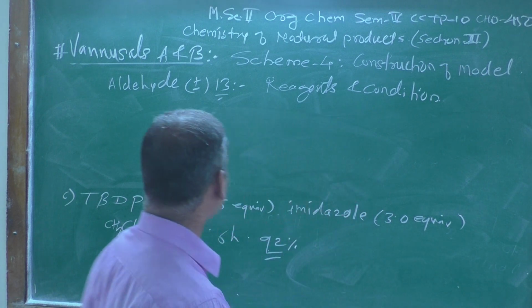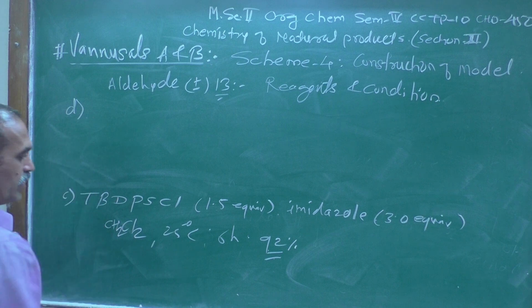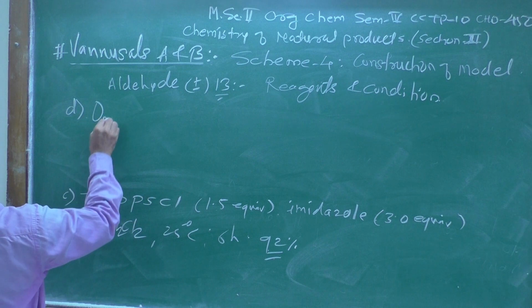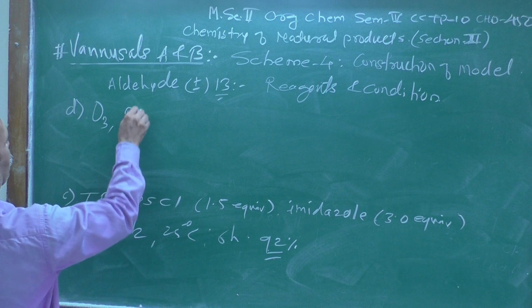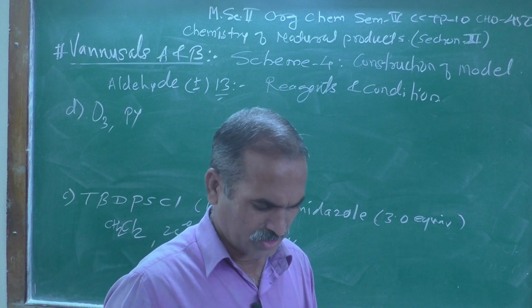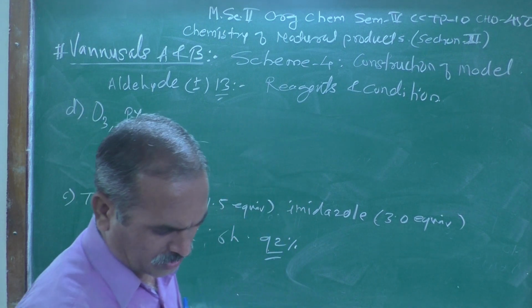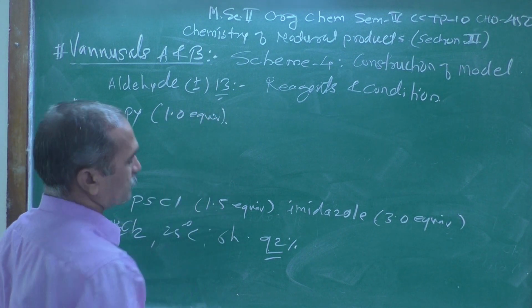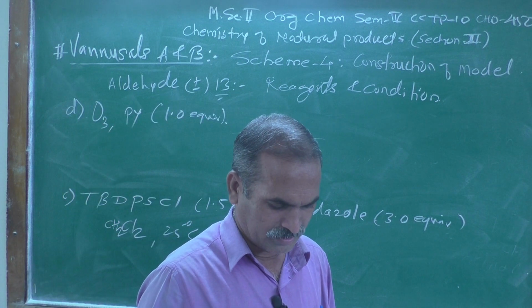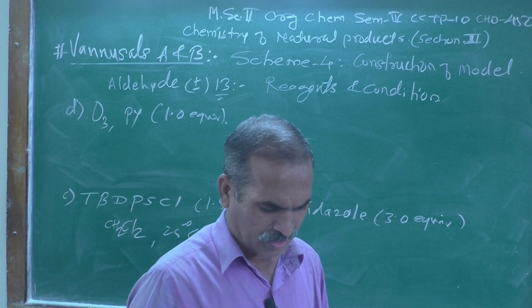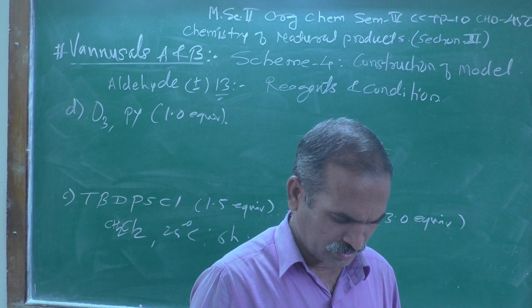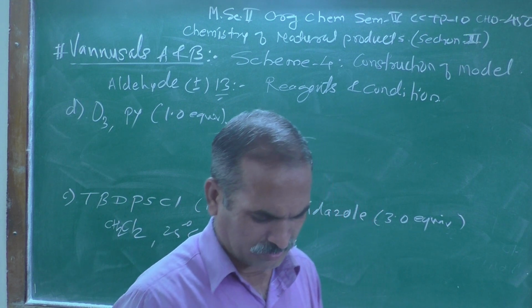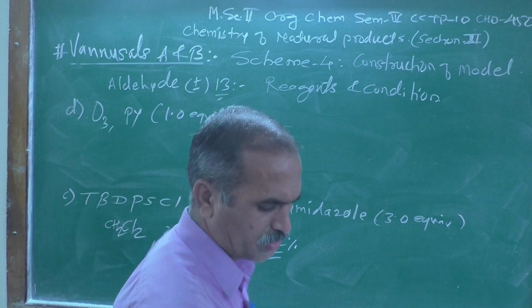Now, the D reagent which we are adding here is O3, ozonolysis, then Py means pyridine used as a solvent. The equivalent is 1.0 equivalent taken, and with O3 and Py, the solvent is CH2Cl2 and methanol.